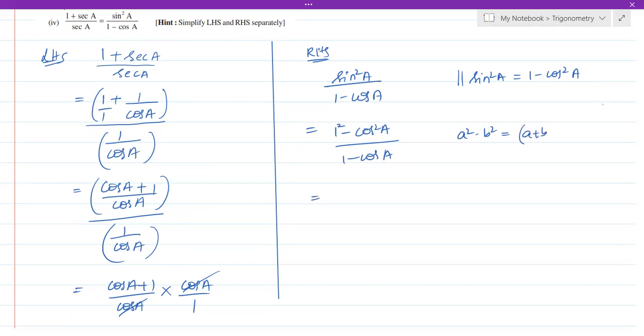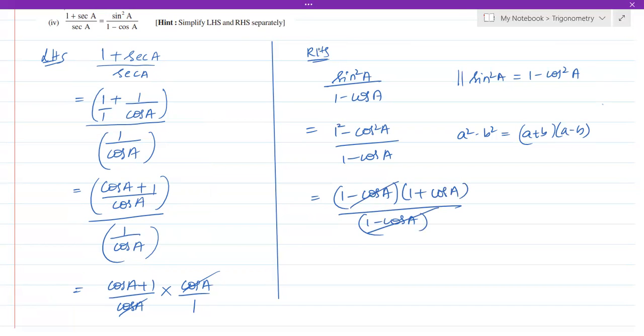Therefore, we can write it as (a plus b) into (a minus b). Here our a is 1 and b is cos A. So it becomes (1 minus cos A) into (1 plus cos A) by the denominator as it is, 1 minus cos A. So 1 minus cos A gets cancelled, and we are left with 1 plus cos A.